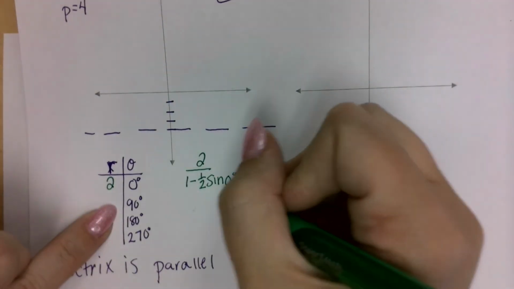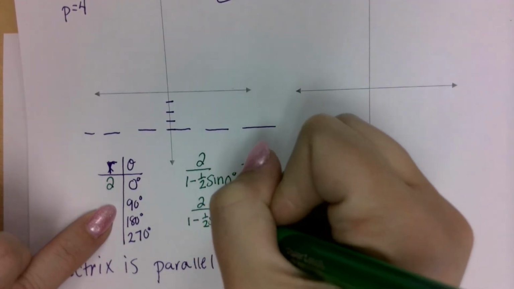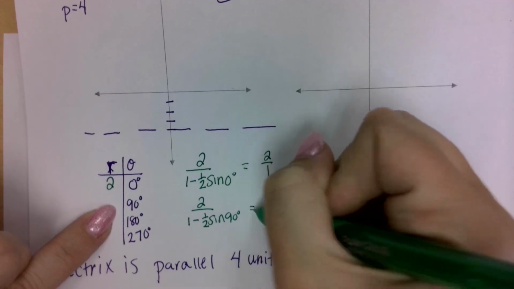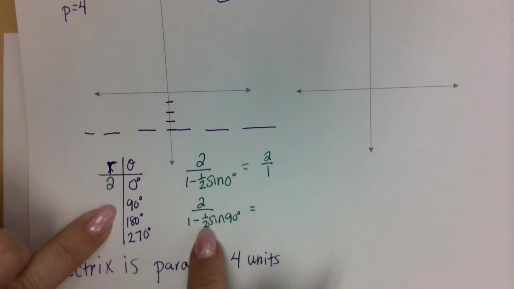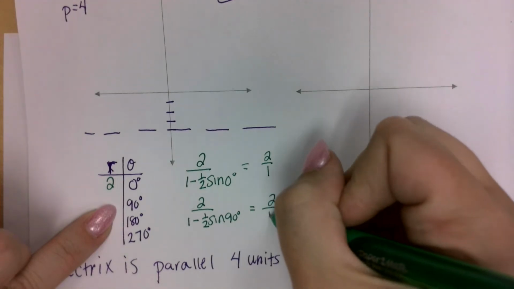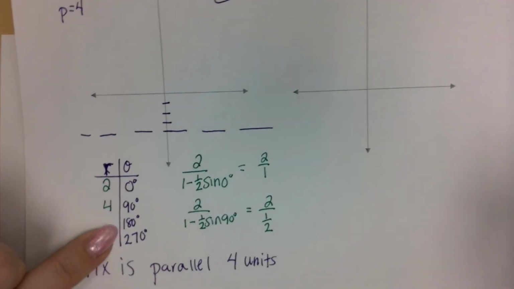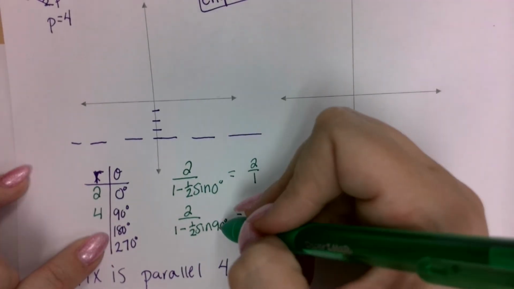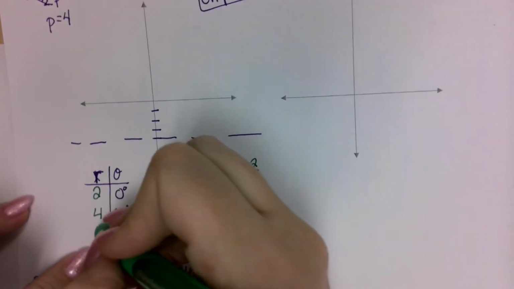Okay, now let's plug in 90 degrees. 2 over 1 minus a half sine 90 degrees. Well, sine of 90 is 1, so 2 over 1 minus a half would be a half. 2 over a half is 4. 180 degrees. So if I make this a 180, it's going to be 0 again, which means we're going to end up back at 2.